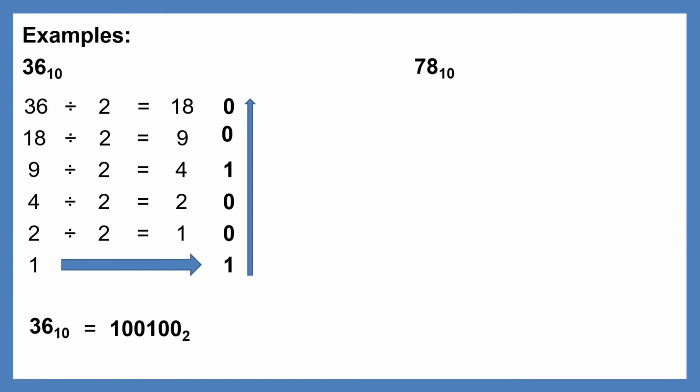78 base 10, we're going to convert 78 base 10 into the binary number system. 78 divided by 2 is equal to 39, so there is no remainder: remainder 0. Then 39 divided by 2 equals 19, remainder 1.